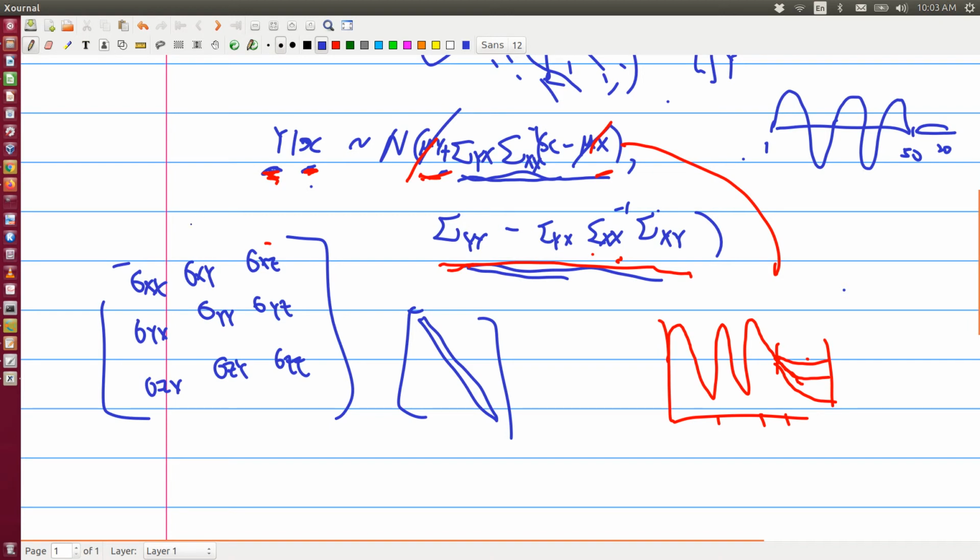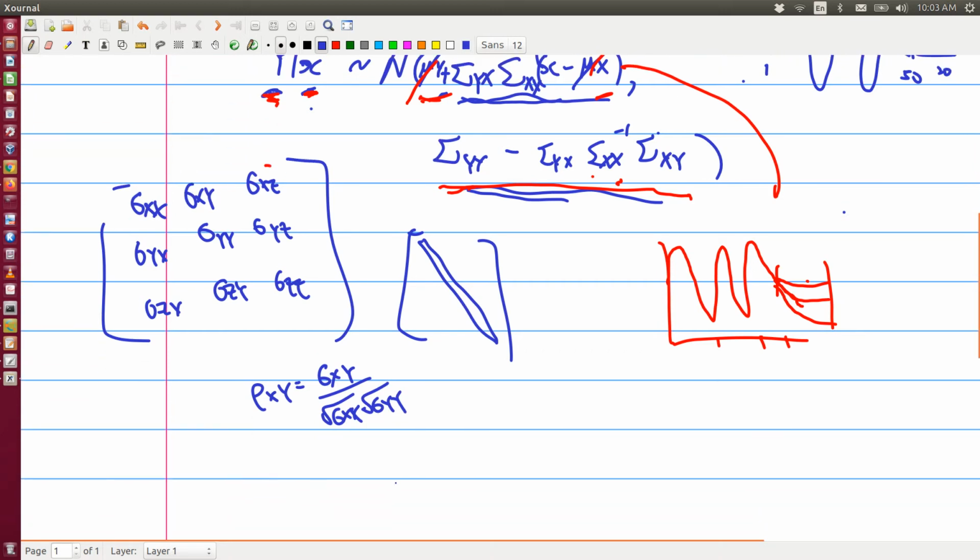The correlation coefficient is defined as, let's say, rho xy equal to sigma xy over the square root of sigma xx sigma yy.